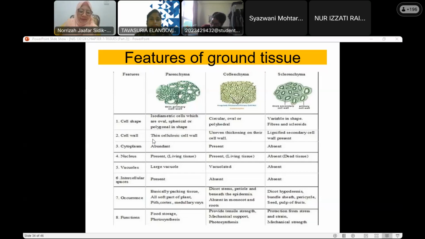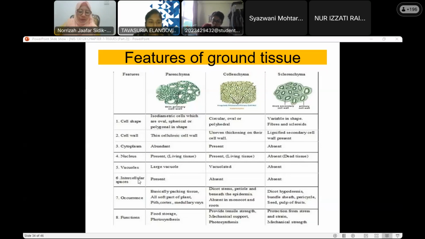In parenchyma, the cytoplasm is abundant, in collenchyma it is present but not abundant, whereas sclerenchyma has no cytoplasm. The nucleus is present in both parenchyma and collenchyma, whereas in sclerenchyma it is absent.